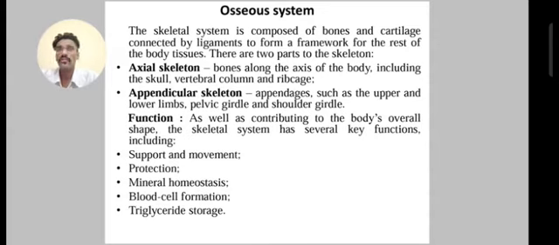Triglyceride storage. So basically these are glyceride entities coming out after metabolism from the liver, and after that the filtration we are talking about is in the kidneys.